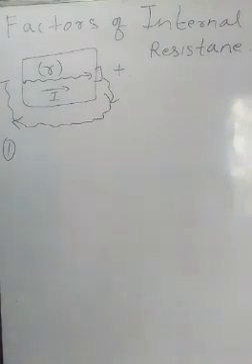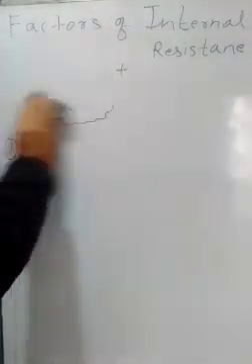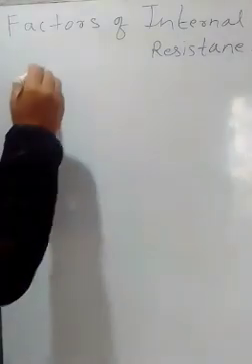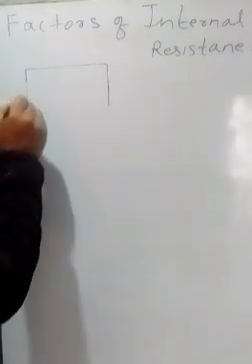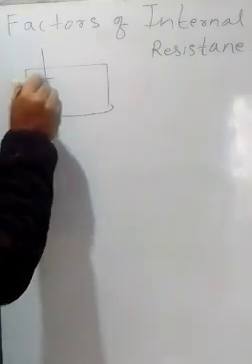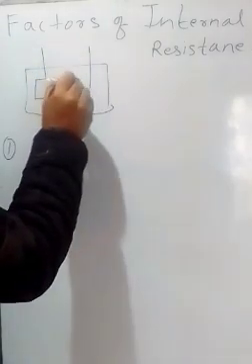The first factor is the surface area of electrodes. So I'm going to make another symbol of a battery, an ideal battery. Inside the battery one electrode is here and the other electrode is here.